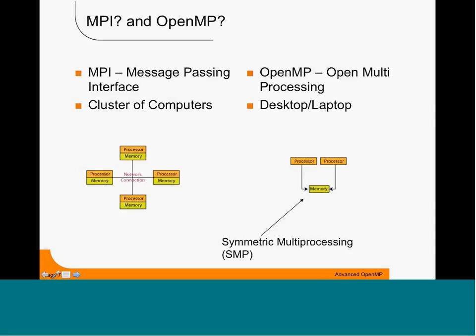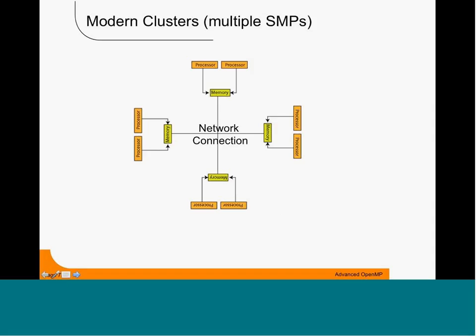Now we go through the topic of hybrid MPI OpenMP kind of programming, how you can do MPI with OpenMP. So MPI is like a multiprocessor, multi-node programming API, while OpenMP is a single node kind of functionality. But in the modern cluster, you see multiple nodes and each node with multiple processors.